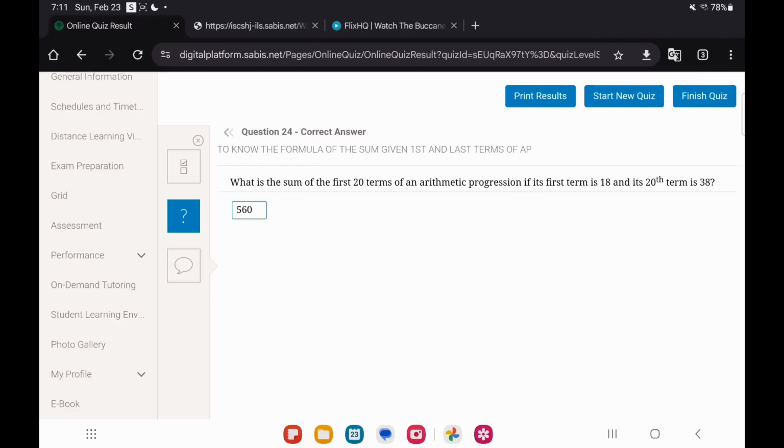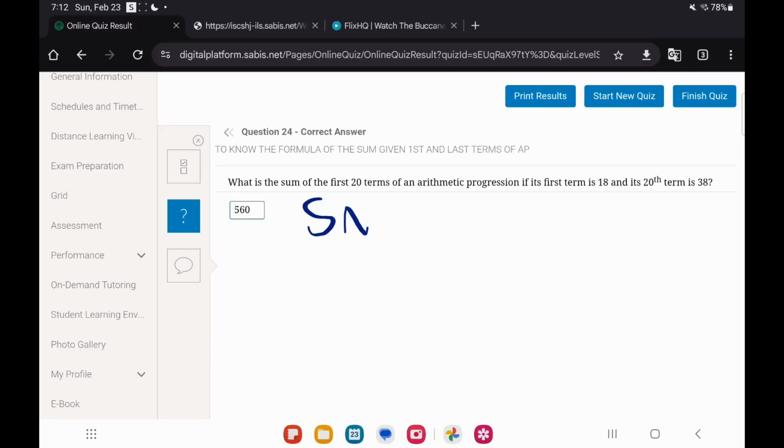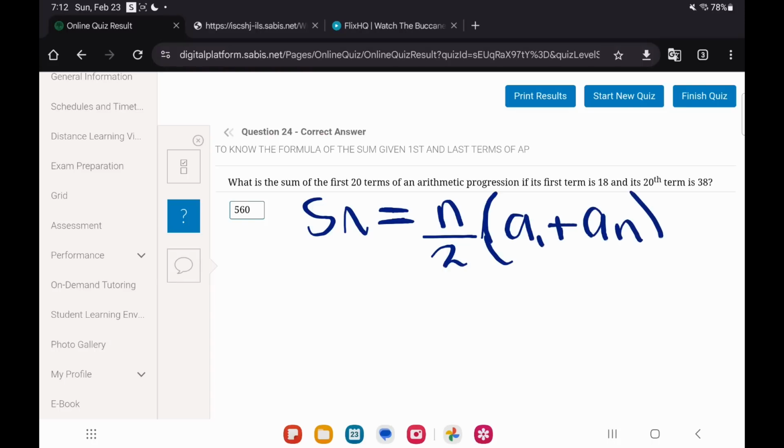And then the last question, and this is the one I've been explaining for 2 questions. This is a different equation for the sum. The equation goes Sn equals n over 2 times a1 plus an.